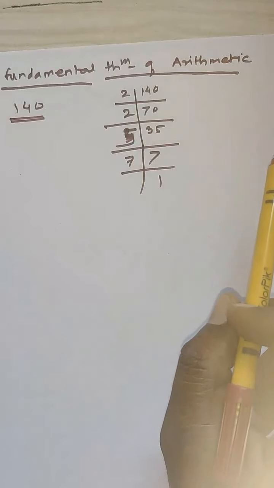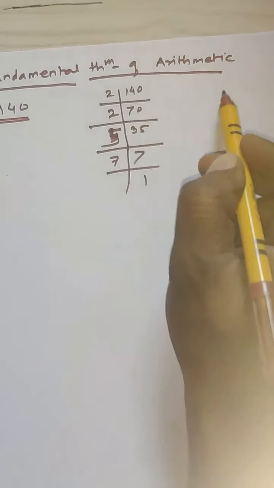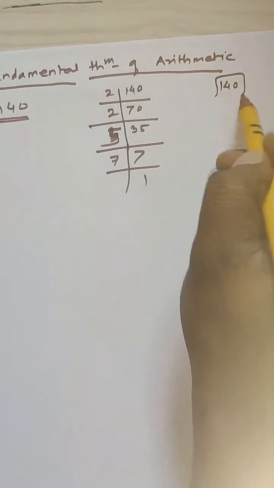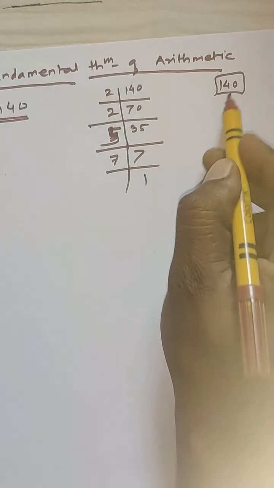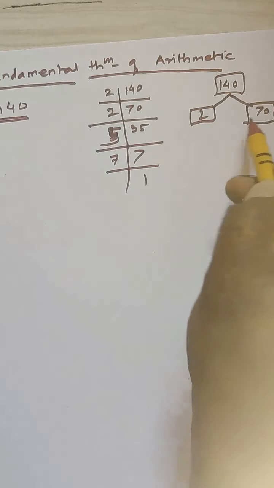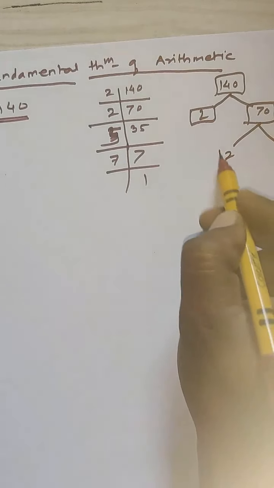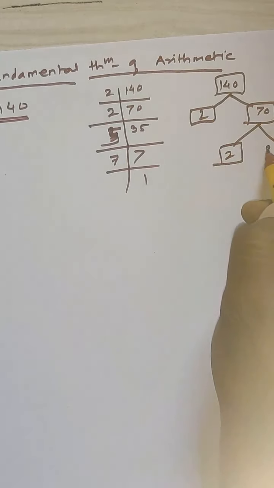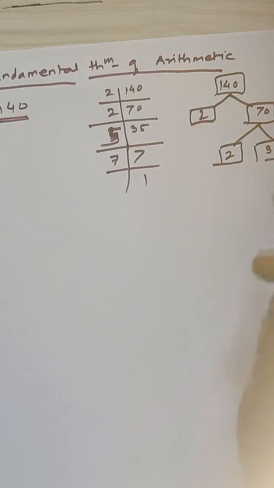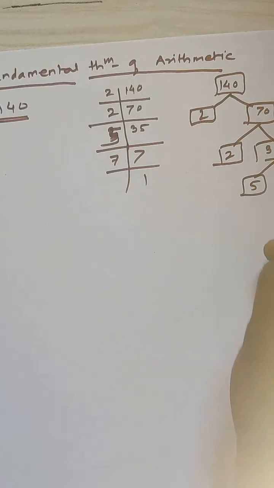These prime factors we can also find by tree diagram. Like 140 is here and divides like 2 and 70. This 70 again we can factorize as 2, 35. This 35 again we can factorize as 5 and 7.